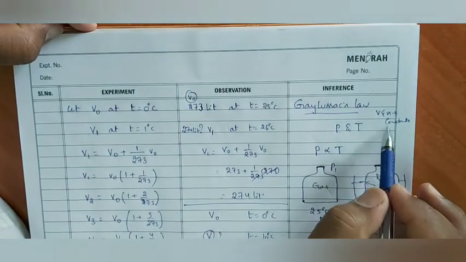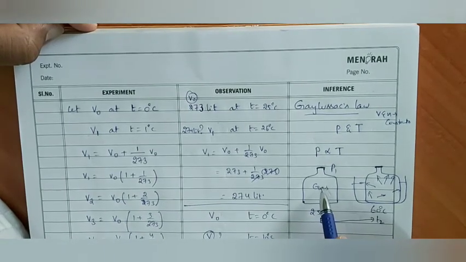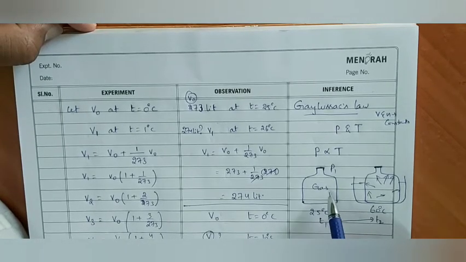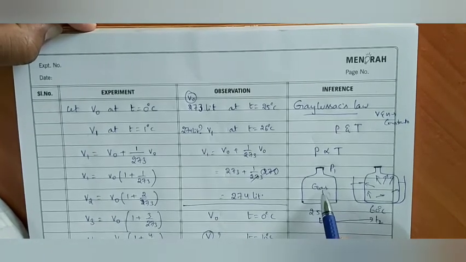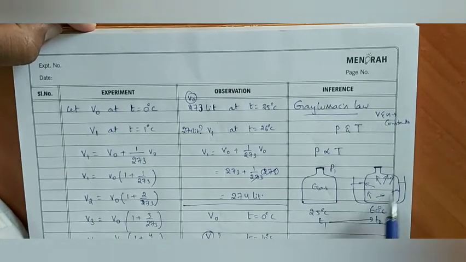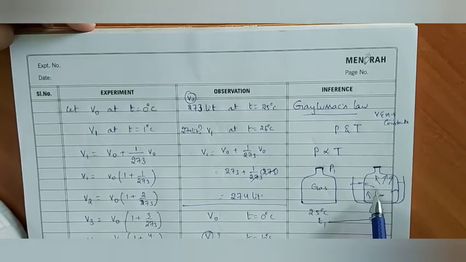Volume and number of moles must be constant. That means we are not adding gas from outside, and we are not removing any. Same amount of gas, we are not giving a chance to escape outside, then inside pressure is going to increase.